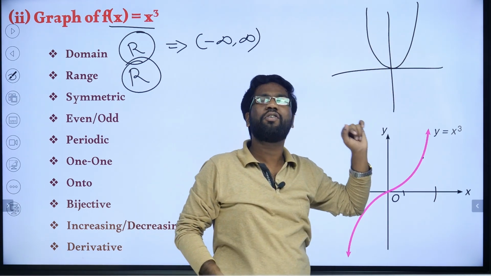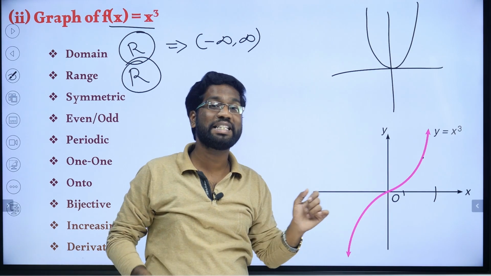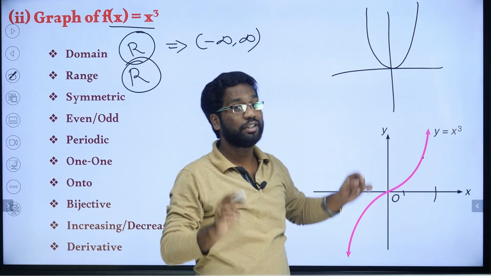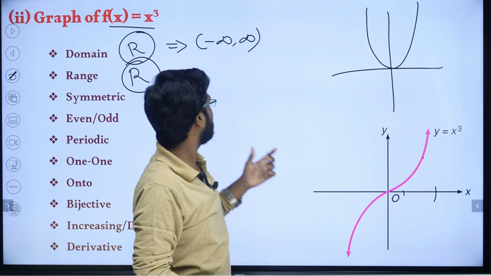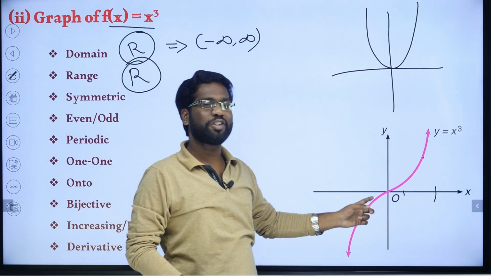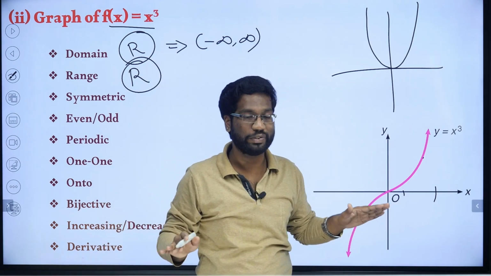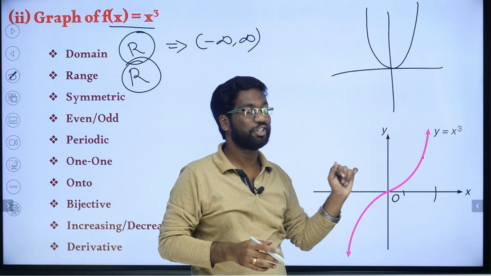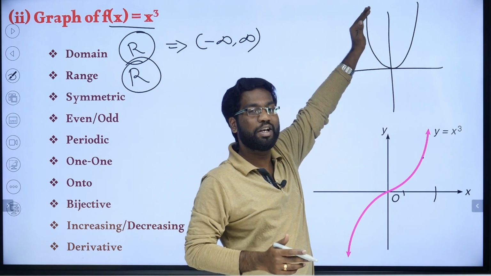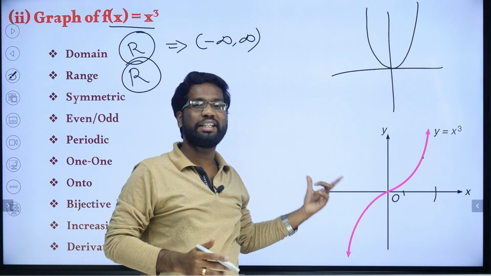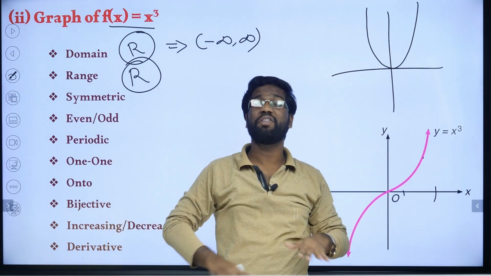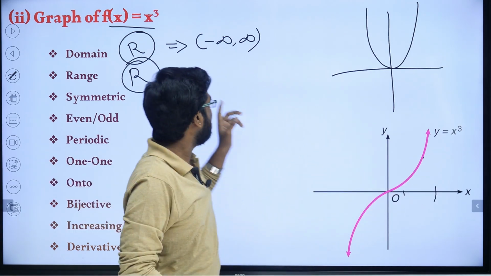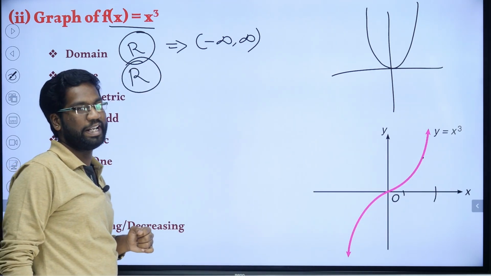So what we have said, my dear students, R plus union 0. That is very important, my dear students. But here my x cube function is taking all values. It is not like the x square function, which only travels in positive quadrants. Here it takes values from positive, negative, everywhere in the graph. So my range is also R, my dear students.